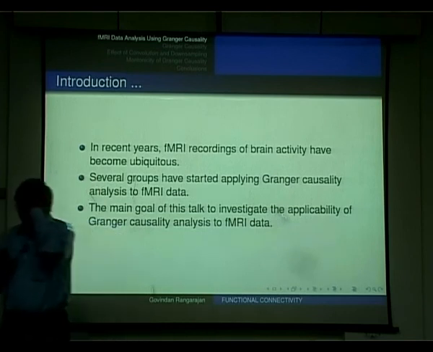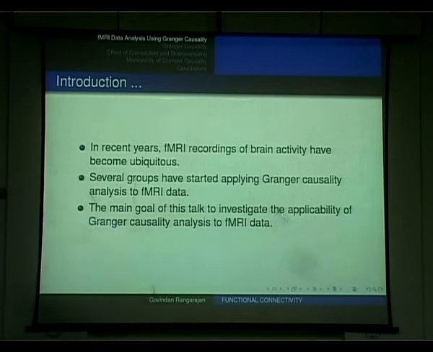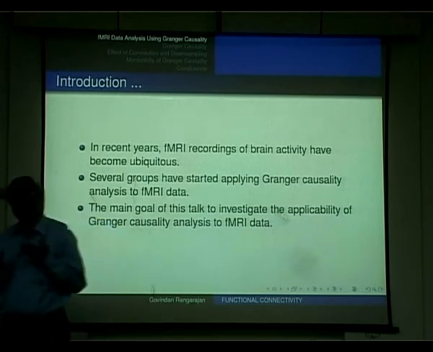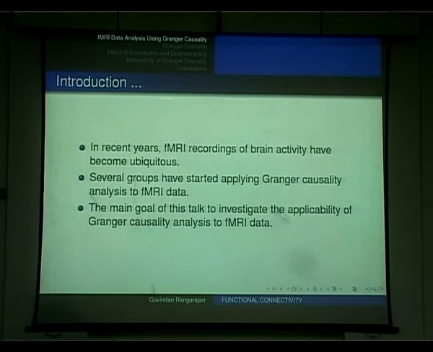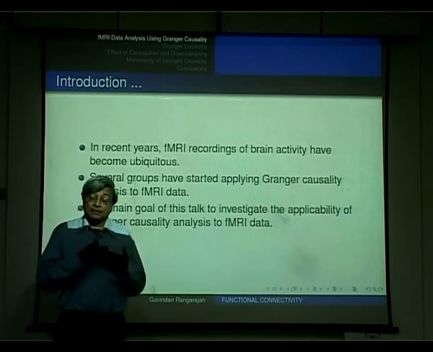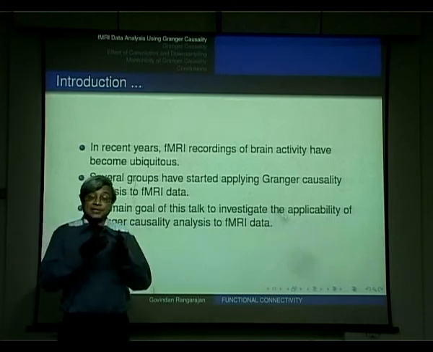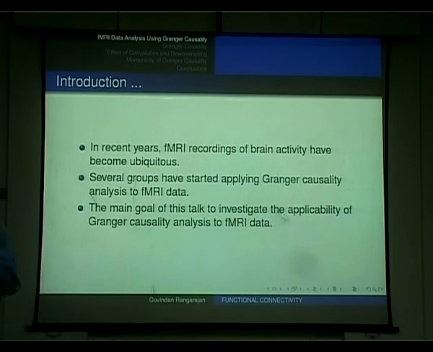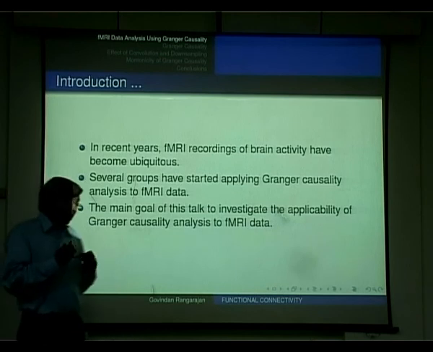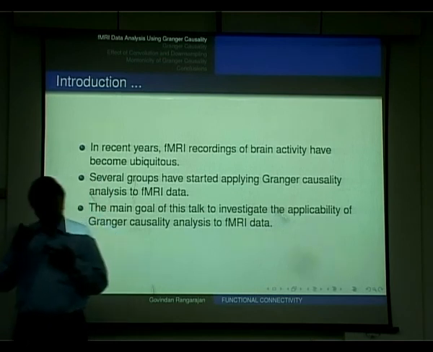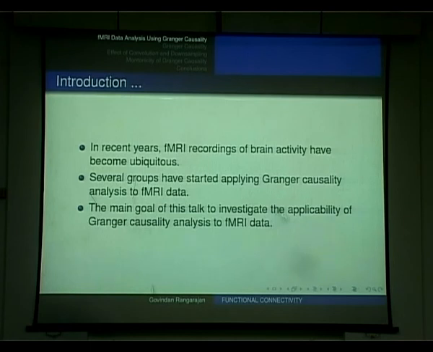More interestingly, what people have observed is that in cases of neurodegenerative diseases like Alzheimer's and Parkinson's, there are changes in this connectivity pattern. And these changes happen before the onset of clinical symptoms. So by measuring the resting state network connectivity patterns and looking at changes in them, you can get functional biomarkers for the onset of diseases such as Alzheimer's.